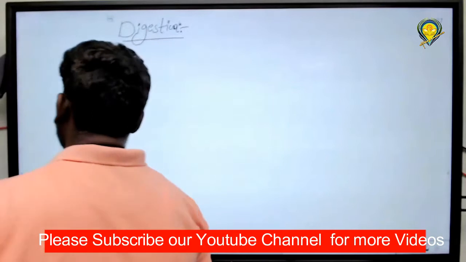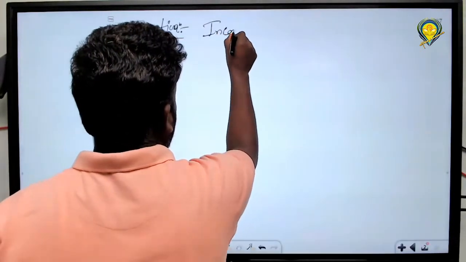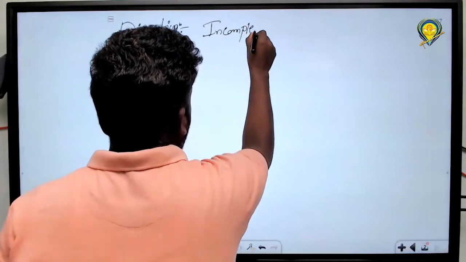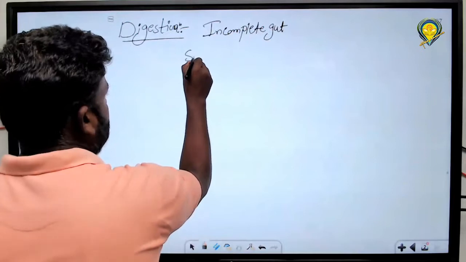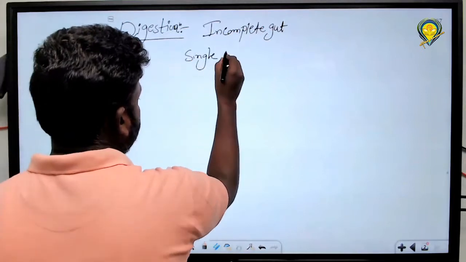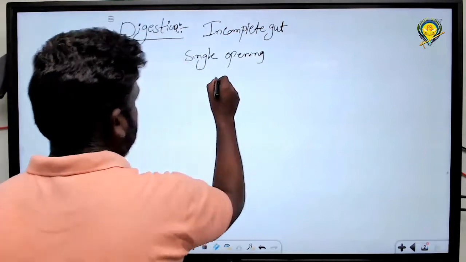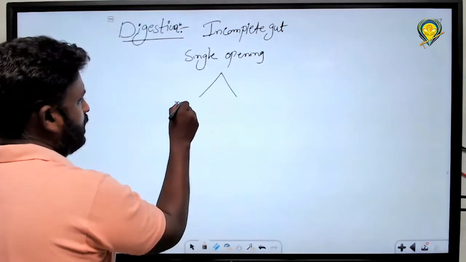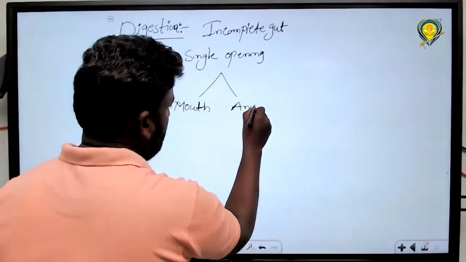Please write it. Does it belong to incomplete gut or complete gut? Incomplete gut. Having how many openings? Only one opening. Incomplete gut means a single opening which serves as both what? Mouth and anus, right?